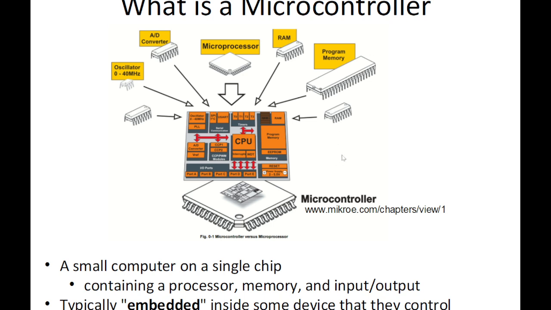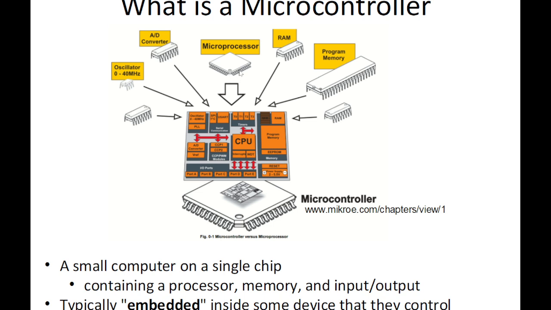So in simple words, a microcontroller is a highly integrated chipset. It means that it contains many chips in a single IC package. So that's what a microcontroller is. And what are those key integrated functionalities or blocks?